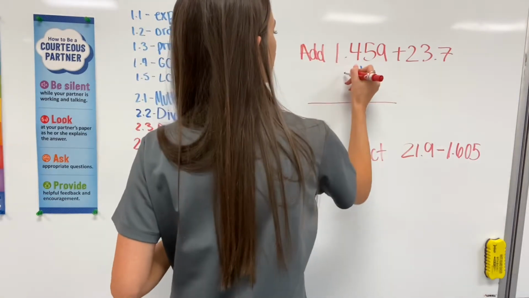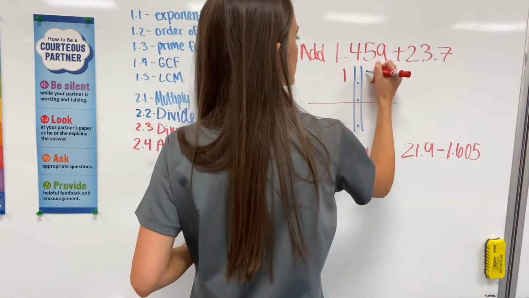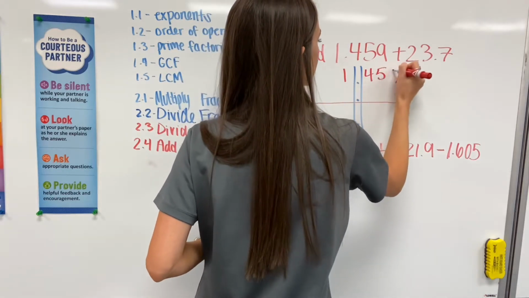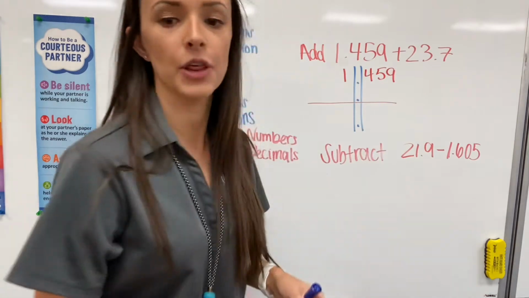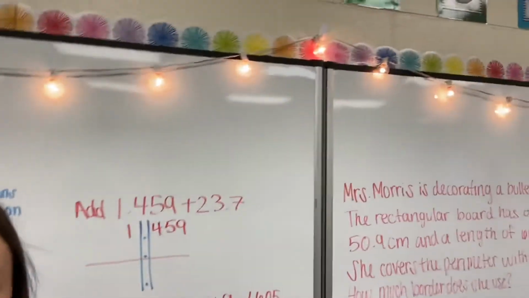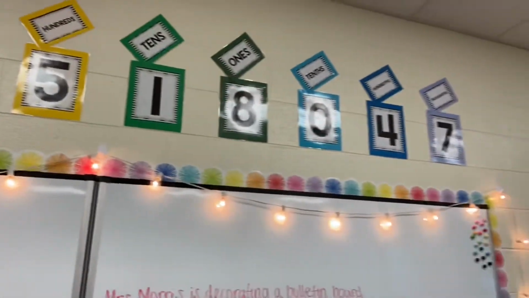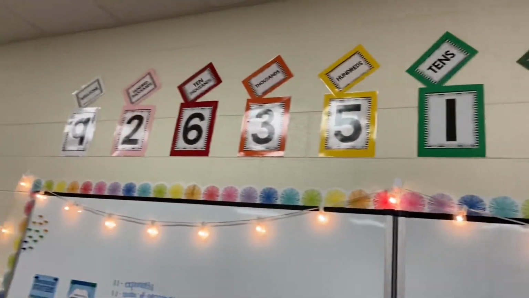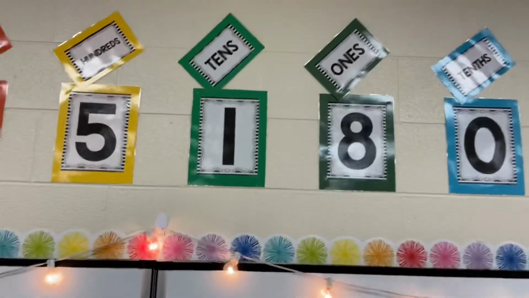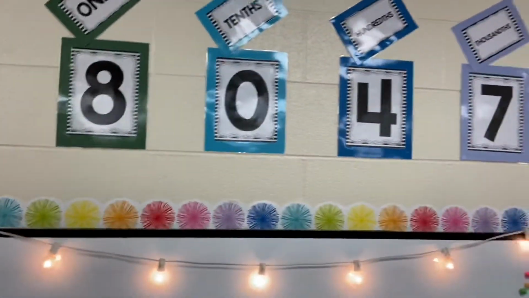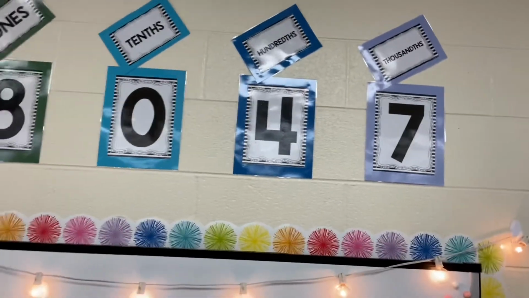So we have 1.459, 459 thousandths. That is in the thousandths place. If you look at this place value chart on top of my head, which I need to put my decimal on, by the way, you see that you got your ones and then tenths, hundredths, and thousandths.